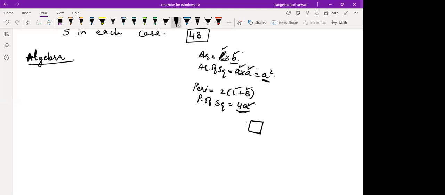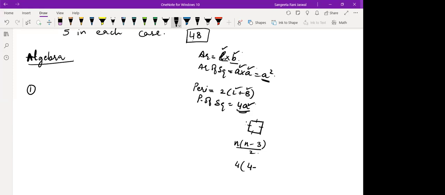Okay. Yes, ma'am. We even used it in the formula of number of diagonals. Absolutely. To find the number of diagonals, n into n minus 3 by 2. Suppose this is a quadrilateral, a polygon. How many sides are there? 4 sides. So n is the number of sides.